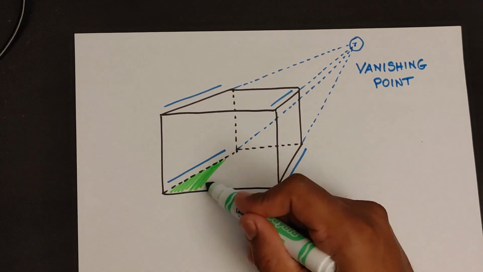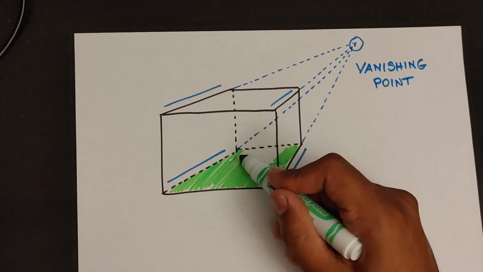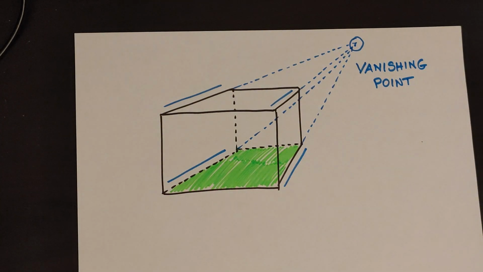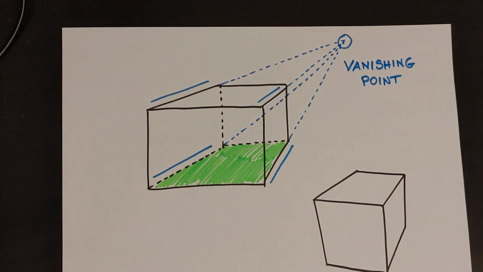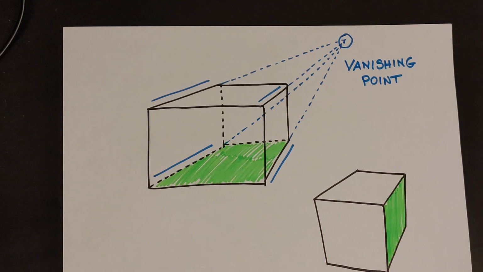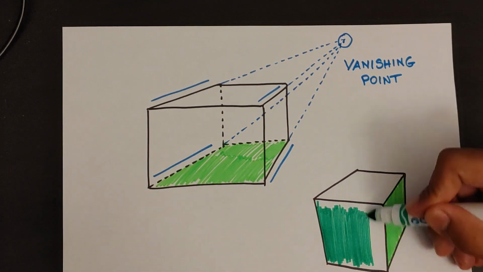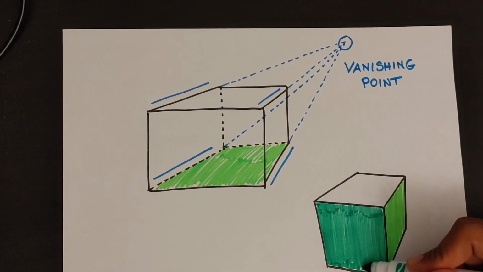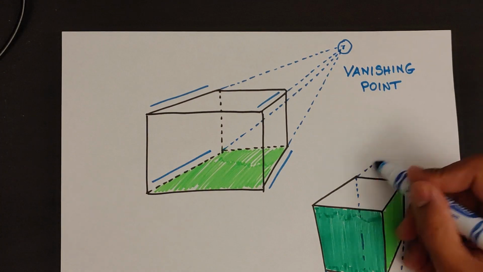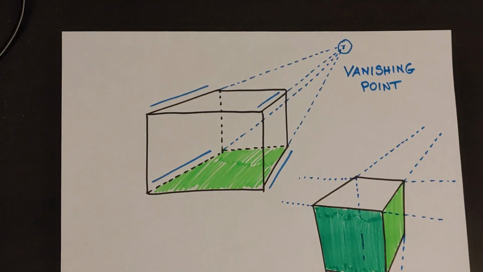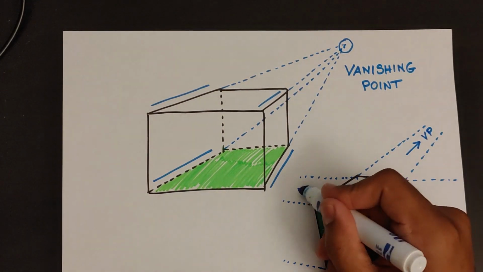Now, let's create another box from a slightly different angle. As you can see in this case, the edges of the box can actually be projected into 3 different vanishing points, which essentially is a principle of the 3-point perspective.